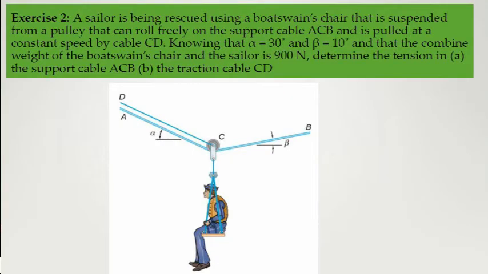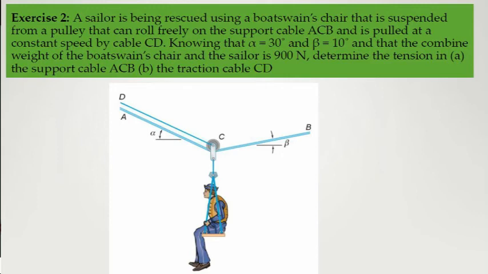A sailor is being rescued using a boatswain's chair that is suspended from a pulley that can roll freely on the support cable ACB and is pulled at a constant speed by cable CD.